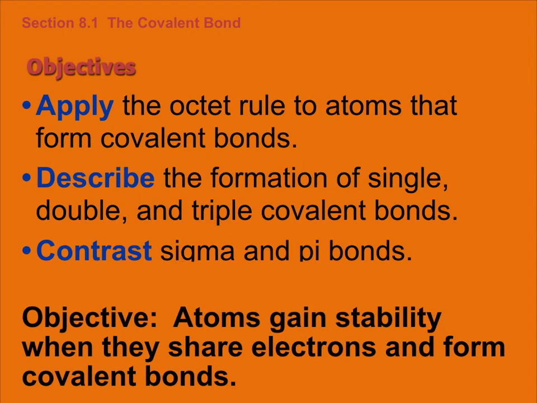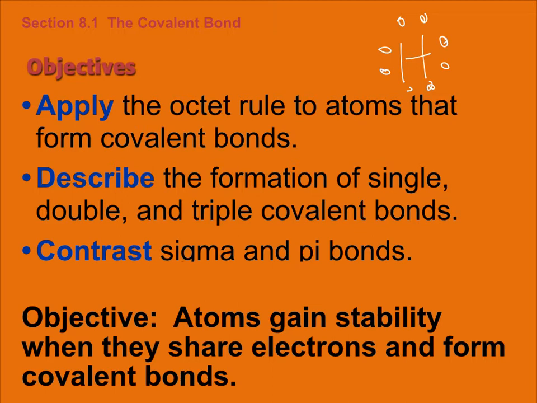All right, the objectives for this lesson will be first to apply the octet rule to atoms that form covalent bonds. So remember, when you have any element, the most stable it can be is if it has all 8 electrons in its Lewis dot structure. I also want you to describe the formation of single, double, and triple covalent bonds.